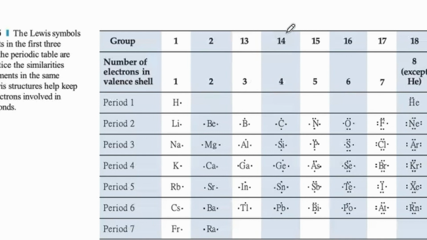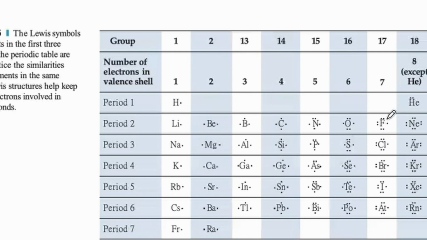Group 4 as well as 14 would have 4 valence electrons. Groups 5 and 15, 5 valence electrons. Groups 6 and 16 would have 6 valence electrons. Groups 7 and 17 would have 7 valence electrons.